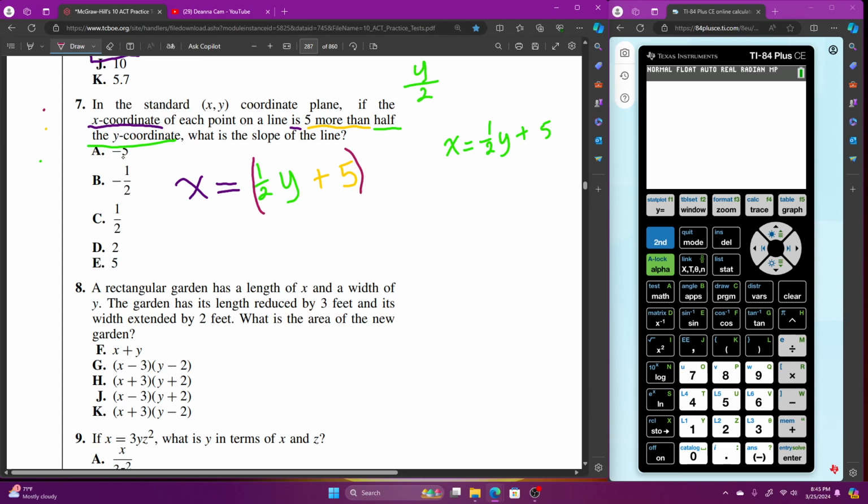Multiply all of this by 2, and also multiply this by 2. That would give me 2x equals, distribute my 2, that cancels, y, distribute my 2, 2 times positive 5 plus 10.